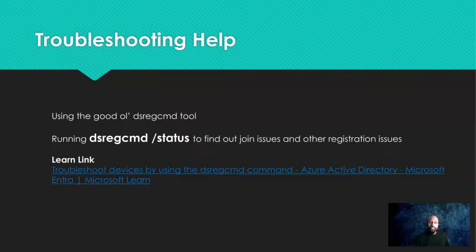Are the values correct? Do you have any proxy issues, or is the device getting connected directly? Things like that you can check from the dsregcmd status. There's a link for that as well, with an explanation for specific sections in this log. I will post the link as well.